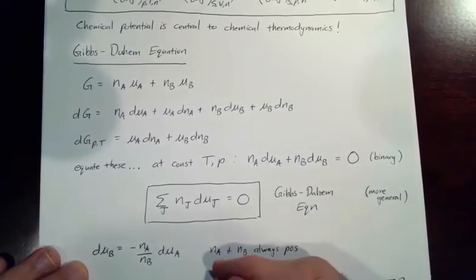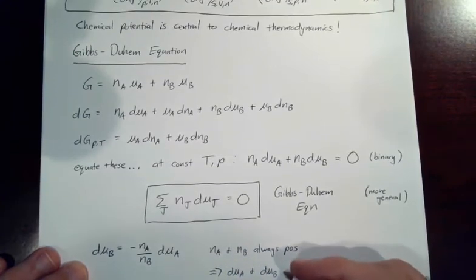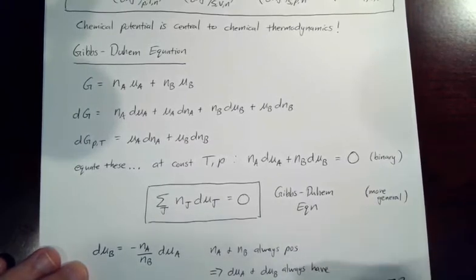And so that means that d mu A and d mu B always have opposite signs.